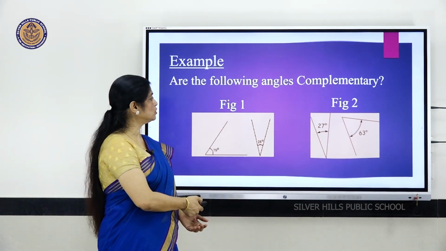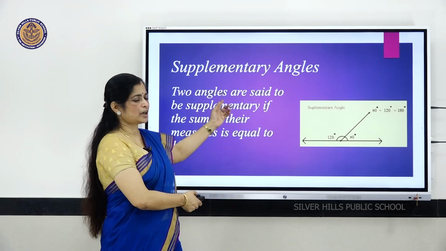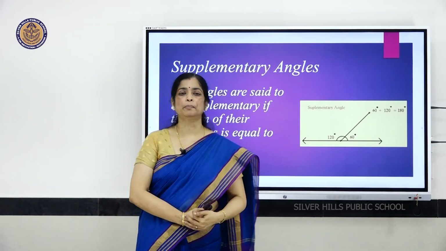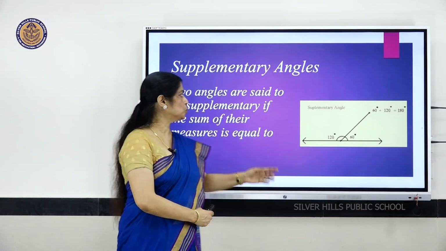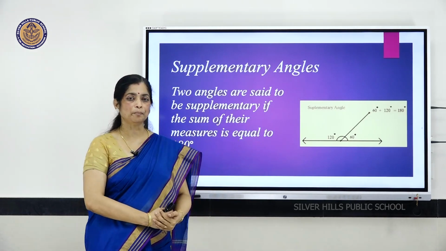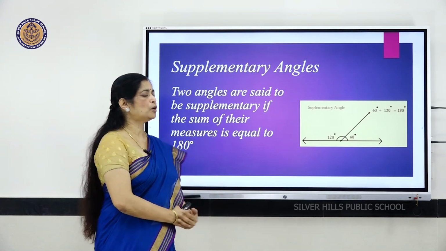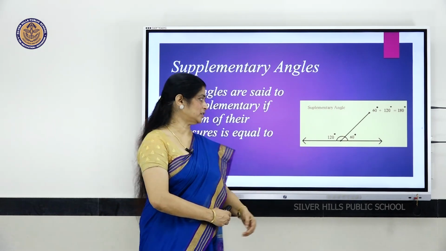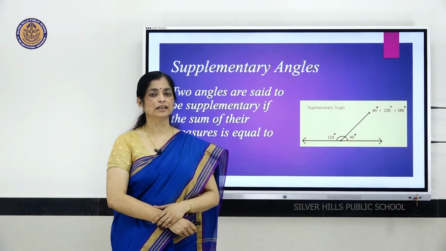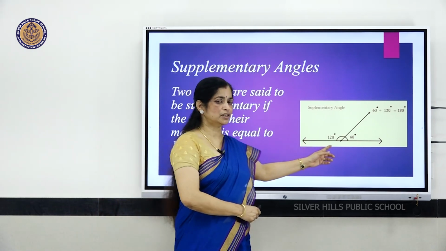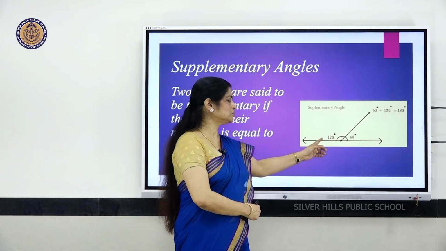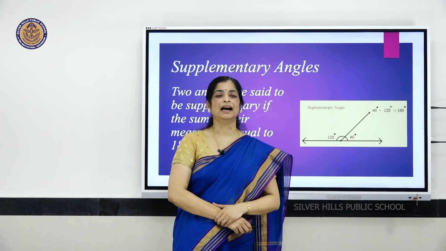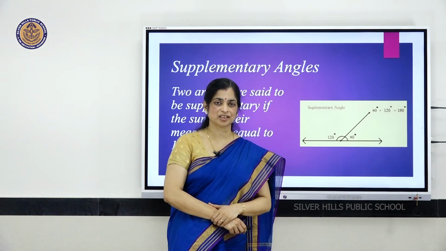Next, let us move on to the next type of angle, that is the supplementary angle. Two angles are said to be supplementary if the sum of their measures is equal to 180. In the figure, you can see one angle measures 120 and the other angle measures 60 degree.